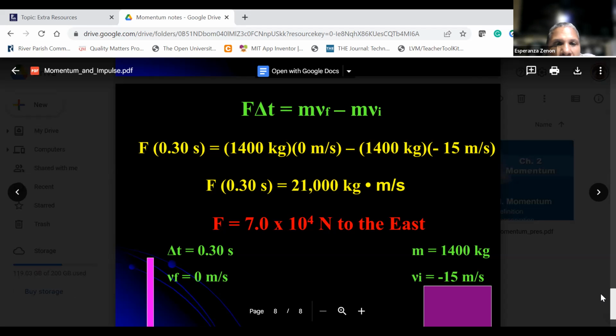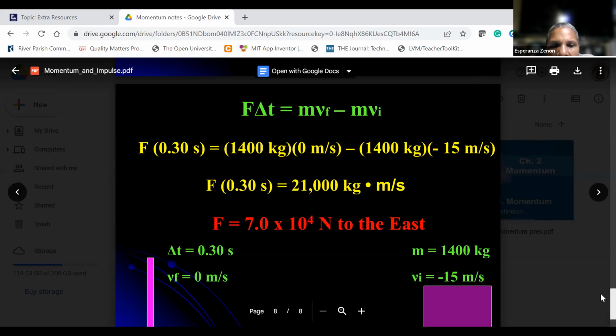Okay, so now let's solve this. Well, 1,400 times 0, that's 0. Negative 1,400 times negative 15, excuse me on that, gives us positive 21,000 kilogram meters per second.